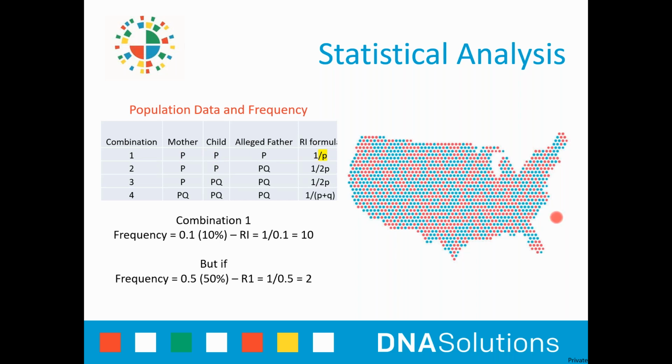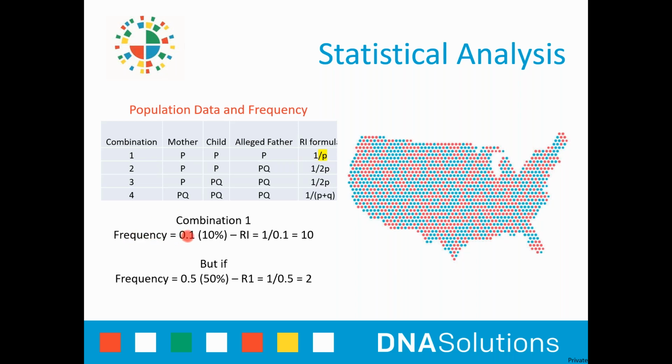But I did want to point out how dependent the RI is on the frequency, or how common that marker is in the population. So in combination 1, you can see that the RI is simply 1 over P, and in this case, P is the frequency of that marker in the population.